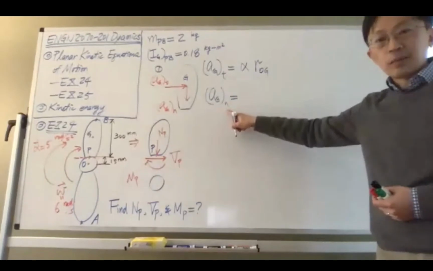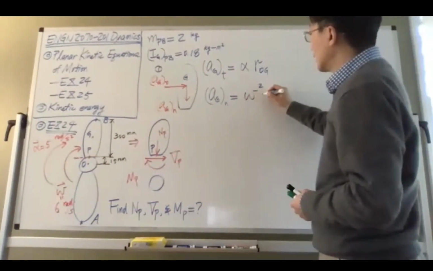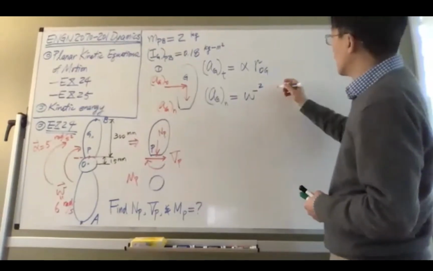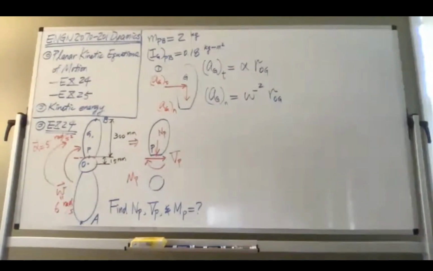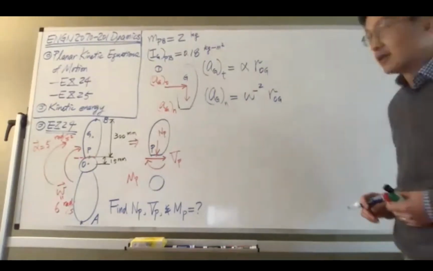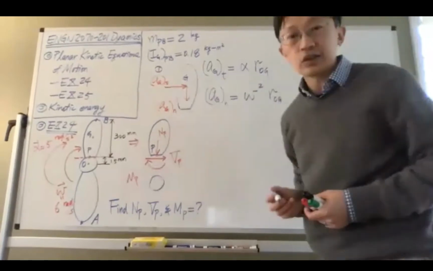What about the normal component? Normal component is omega squared times R OG. Right? But remember, this is the direction for the normal component, and that's the direction for the tangential component.